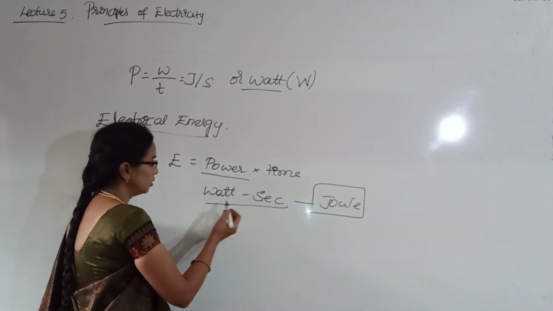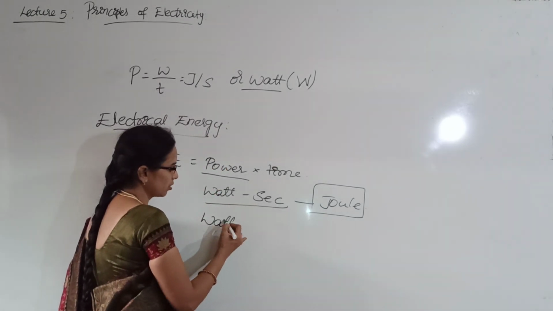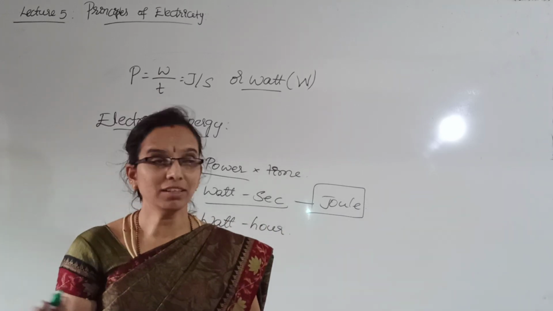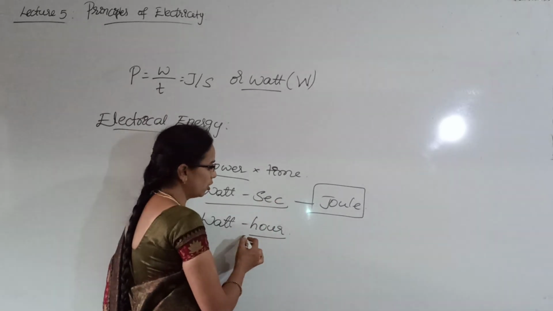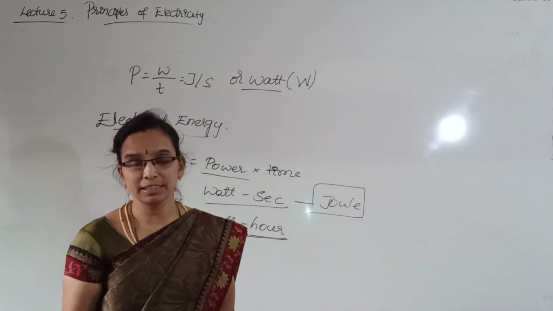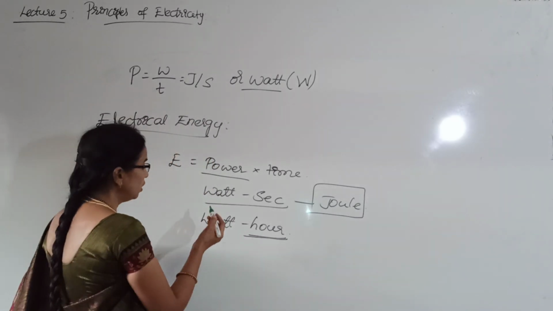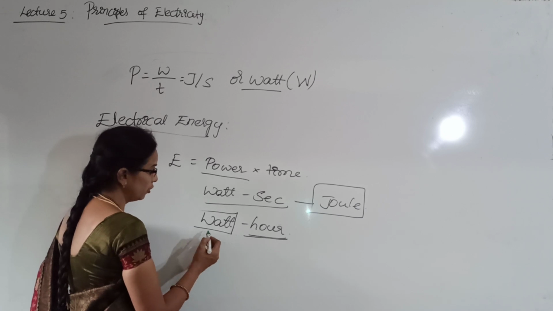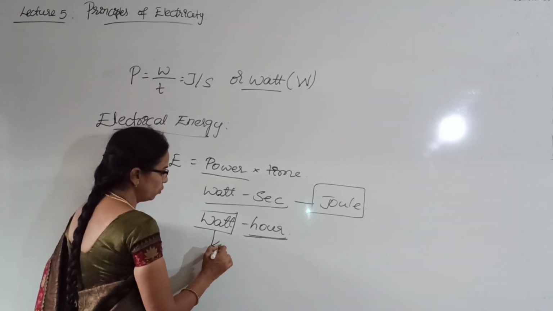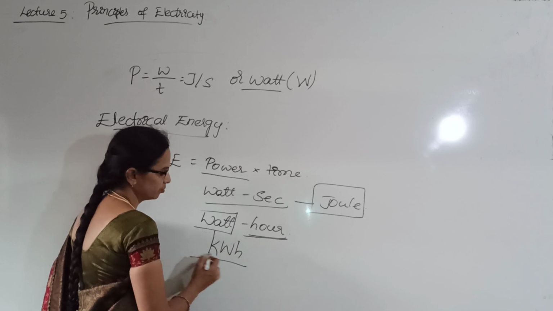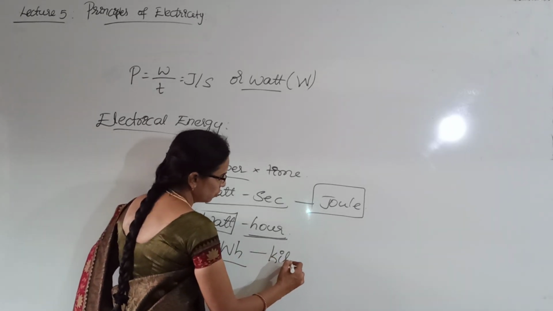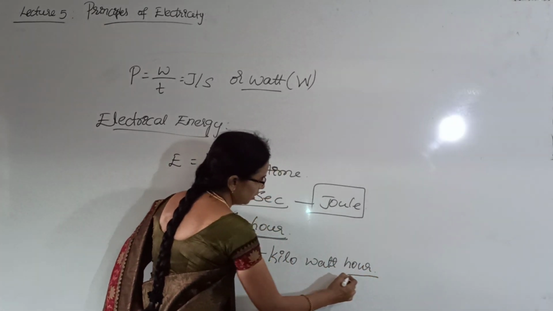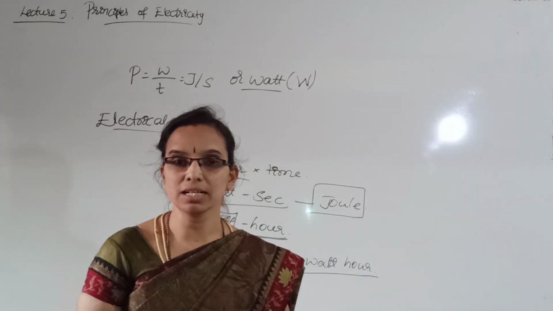So at that time, watt hour: when time is calculated in hours, on the basis of hour we will calculate the energy. And watt is also a small unit. The board of trade unit for electrical energy is kilowatt hour. Kilowatt hour is a unit for electrical energy consumed.